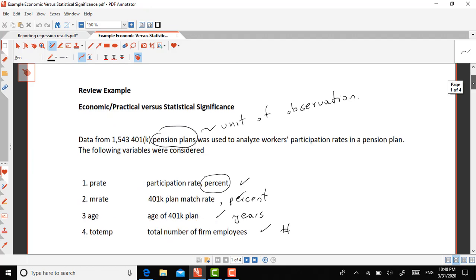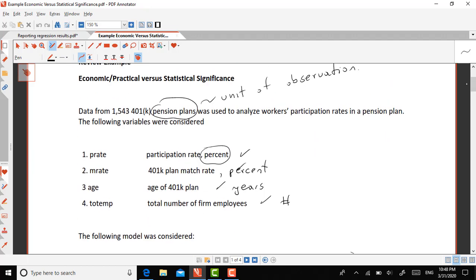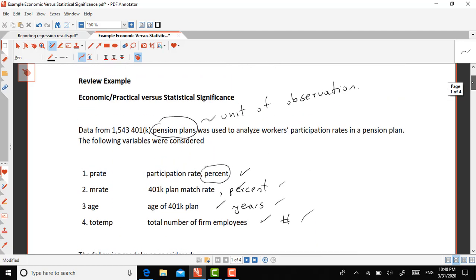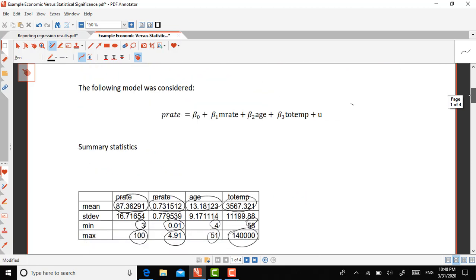Remember, we have this regression model where we have the participation rate in 401k as a function of the match rate in the company, measured in percentage, the age of the plan, and the total number of employees. So that's something that we had considered previously, and you have this example available.